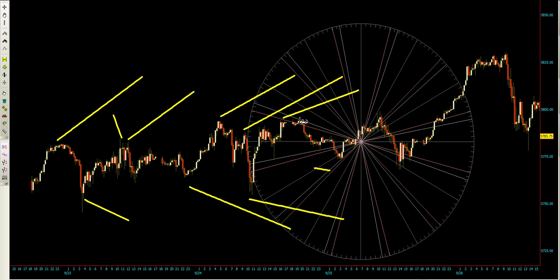So we have this swing, and this is a failure. Market was going up, we were expecting it to go down. At this bar, it didn't happen.